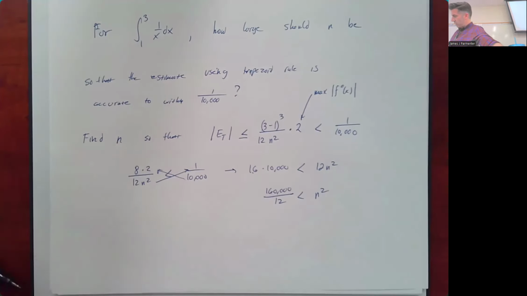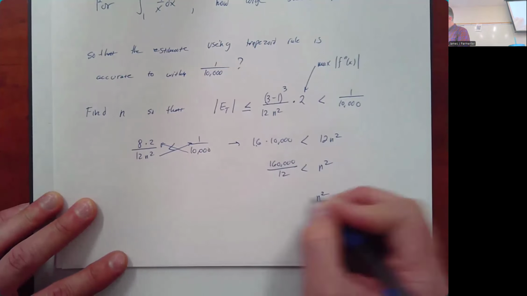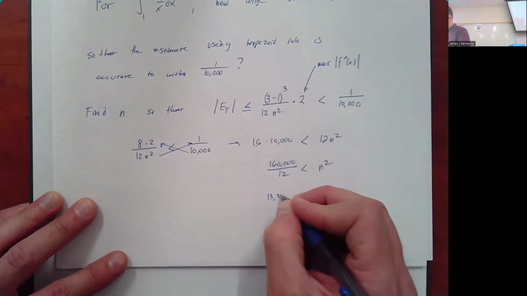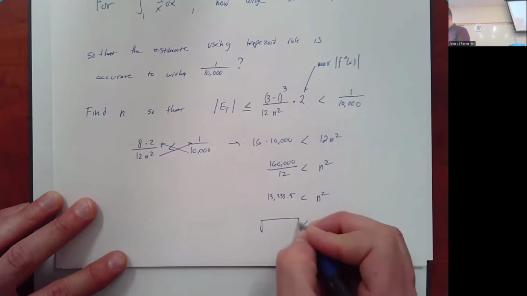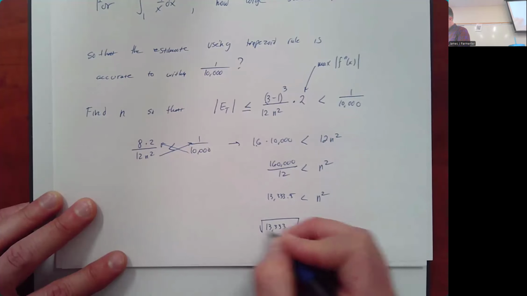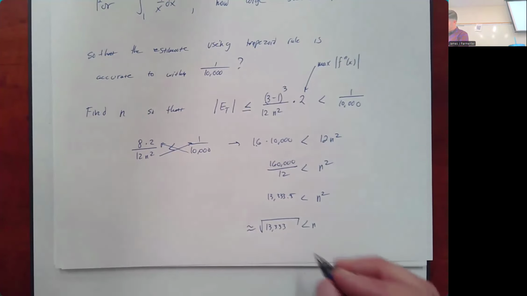Then I need a calculator, so 160,000 divided by 12 is approximately 13,333. So we want n squared to be bigger than 13,333, or n to be bigger than the square root of that, which is approximately, square root button's over here, I don't recommend the phone calculator, about 115.47.